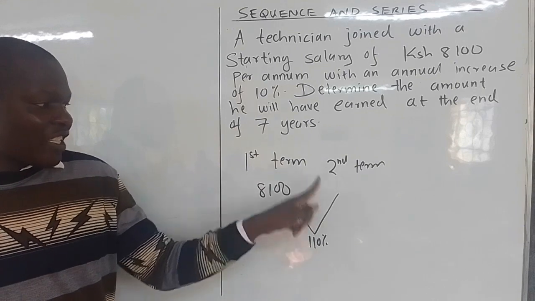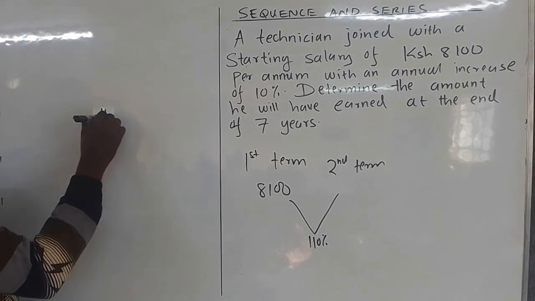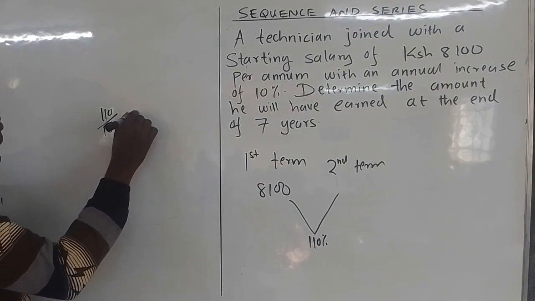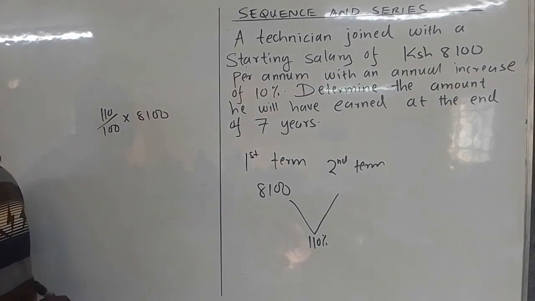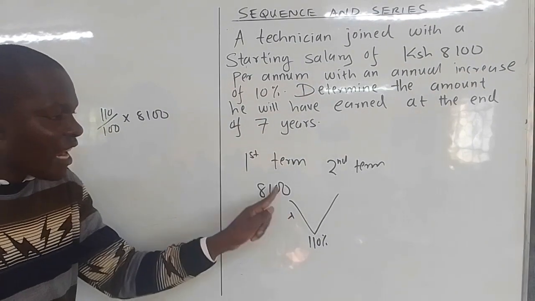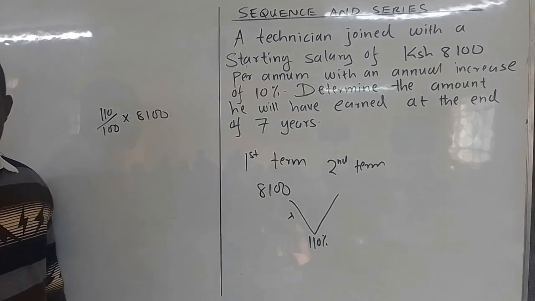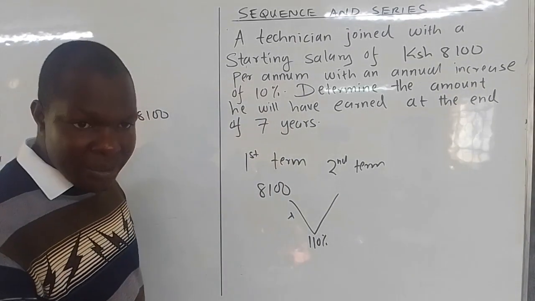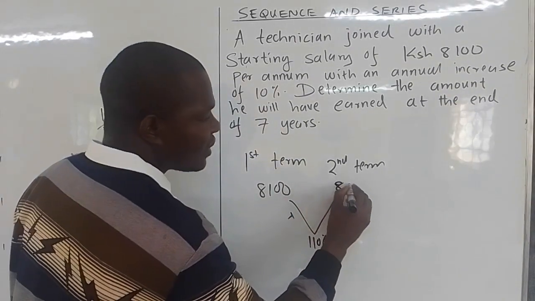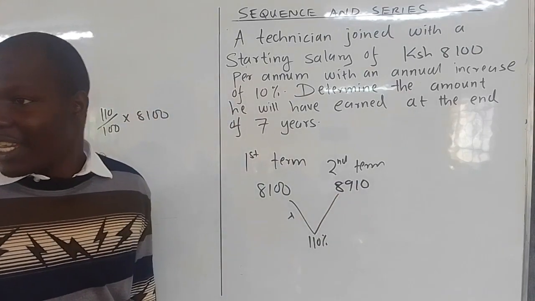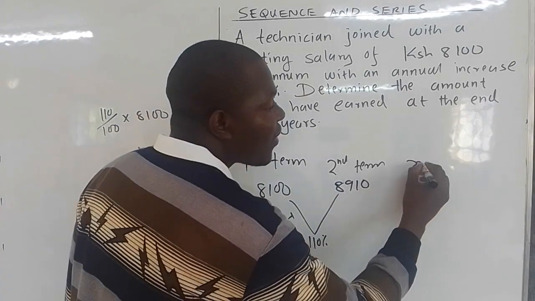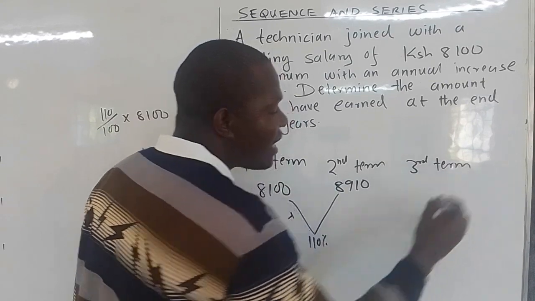So what is 110% of 8,100? That is 110% times 8,100, the multiplication. You get 8,910, isn't it?